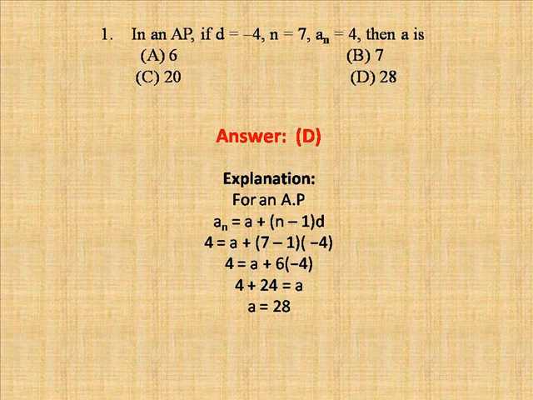For an AP, you have the formula of an, that is a plus n minus 1 into d. Now putting the values of an, a and d, you will get the value of a there. So by calculation you are getting the answer a is 28. So option D is your answer.